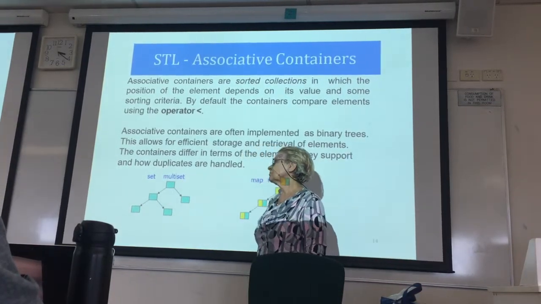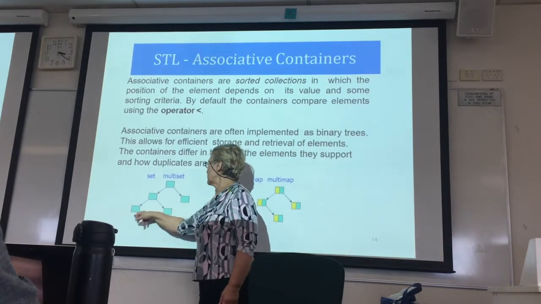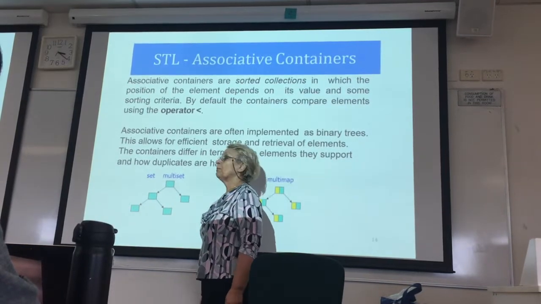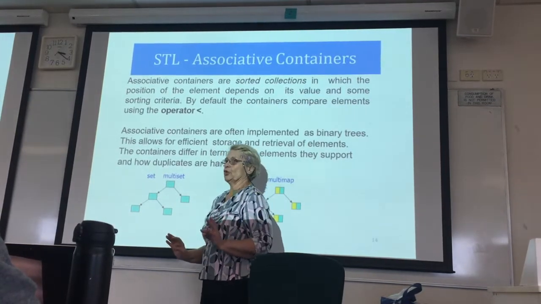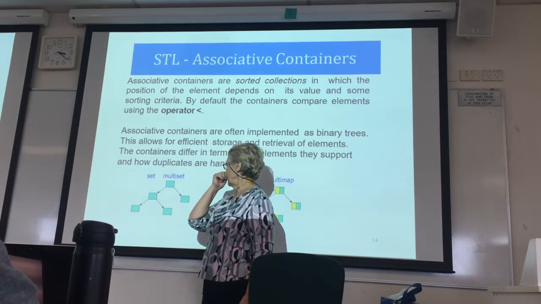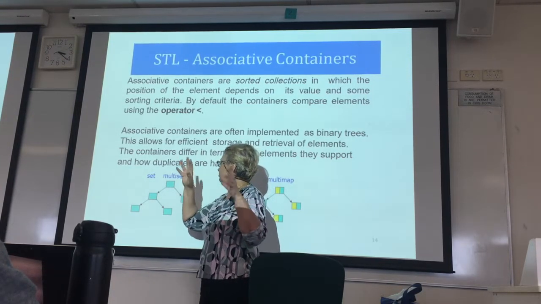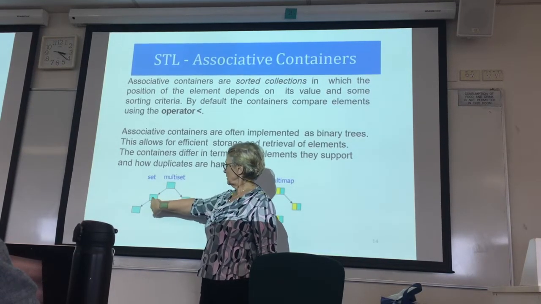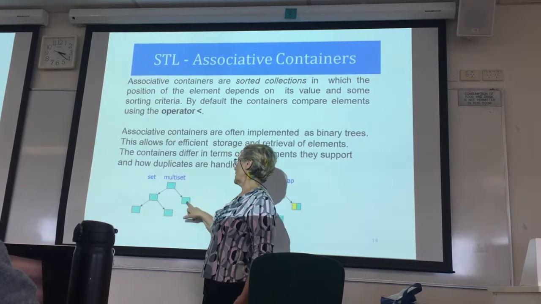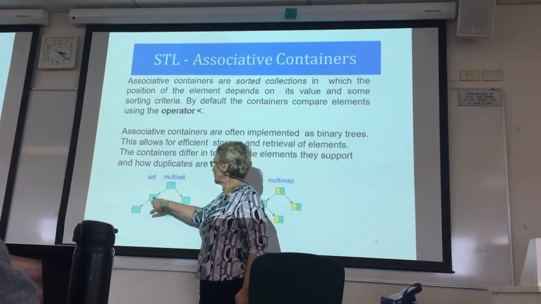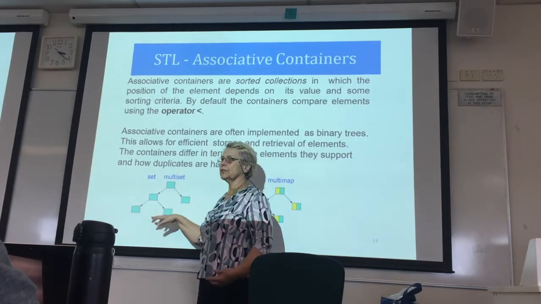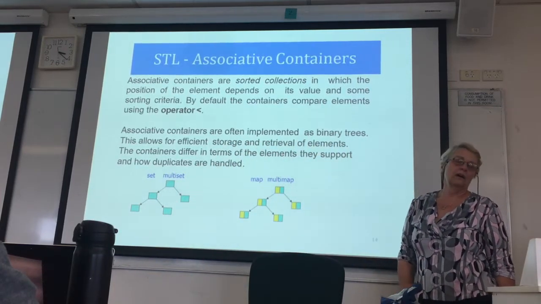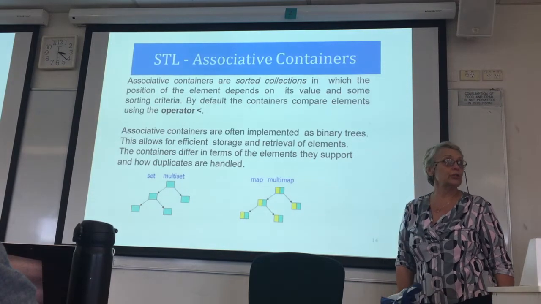Set is a collection of elements which are arranged in binary trees to allow for fast searching. You can barely notice that for this element, the one at the right is smaller, the one after it is larger. And for this element, this is smaller, this is larger. So with this arrangement, things can allow for very fast searching.